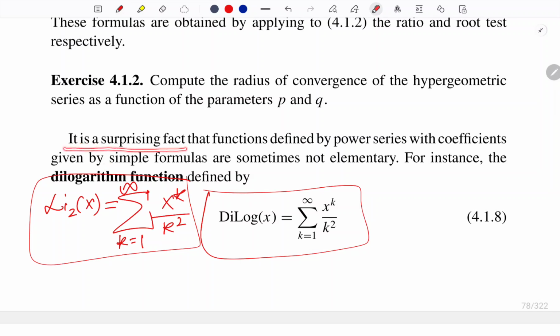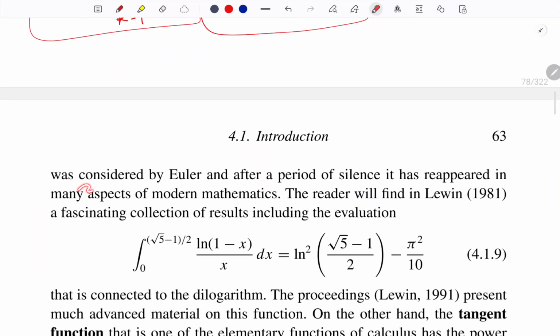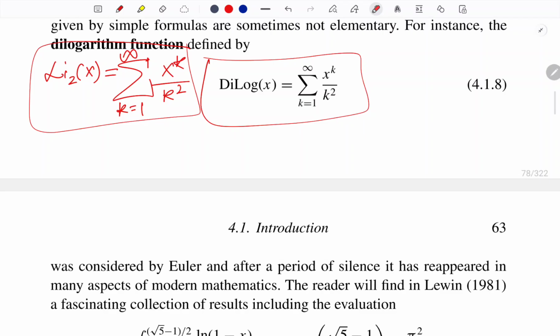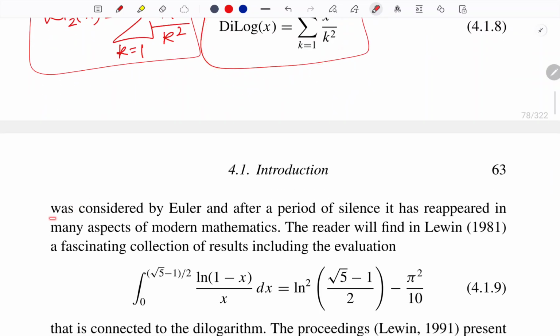It is a surprising fact that functions defined by power series with coefficients given by simple formulas are sometimes not elementary. For instance, the dilogarithm function defined by this was considered by Euler, and after a period of silence, it has reappeared in many aspects of modern mathematics.